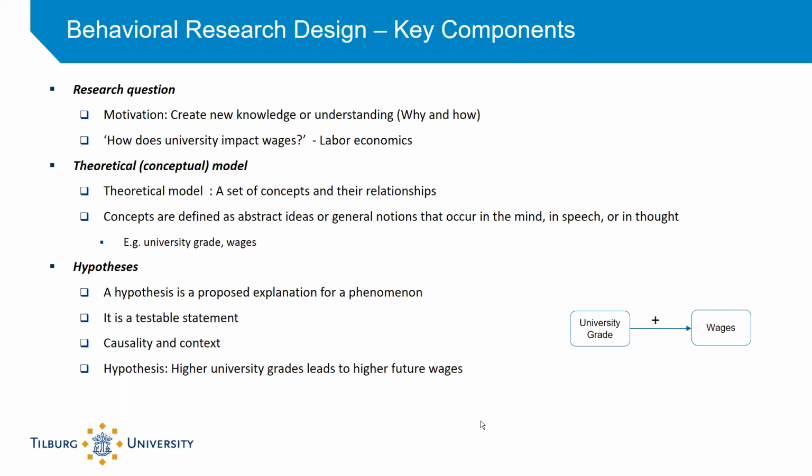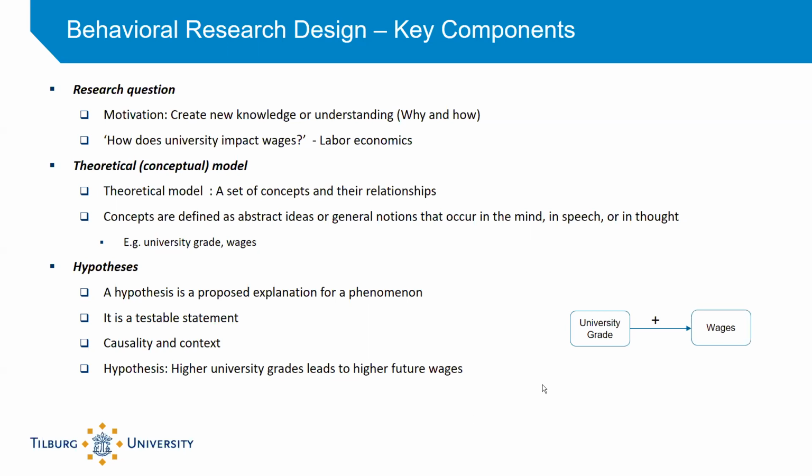Another important thing the hypothesis establishes is a context. It tells you where it's applicable. So when I say university, you know I'm not talking about high school or anything of that sort. I'm talking about bachelor's or master's or something like that. Of course, the context could be made more specific or more general, depending on what kind of contribution you want to make back to the theory.